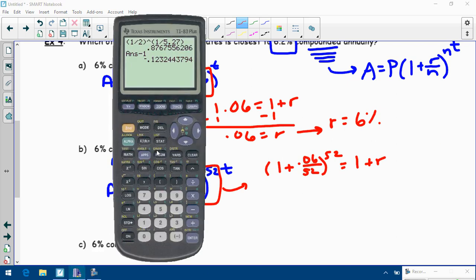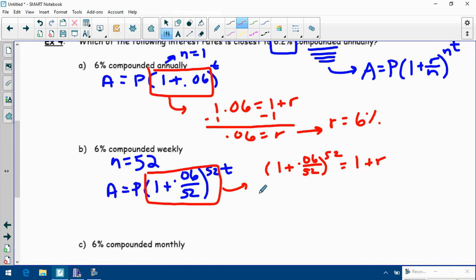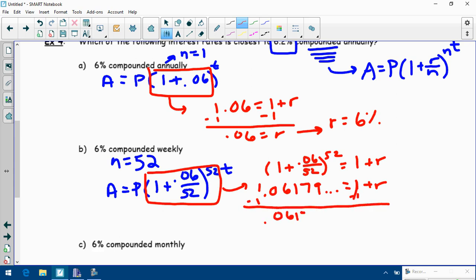We're going to have to throw that into our calculator. So 1 plus, it's a little bit more annoying to type on these old calculators, but I need all those parentheses like that. That's 1.0617 9, blah, blah, blah, equals 1 plus r. Obviously, when we subtract the 1, we're going to just have 0.06179 equaling the r.